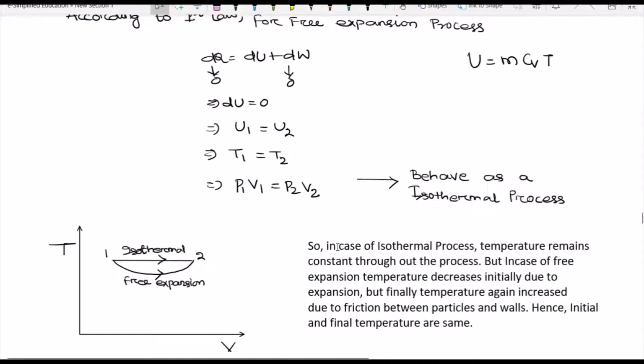The initial and final temperatures are the same. In an isothermal process, temperature remains constant throughout, but in free expansion, temperature initially decreases, then it increases and meets at the final temperature. So initial and final temperature will be the same. This is the end of the first law of thermodynamics topic. Next we will discuss the steady flow energy equation, which is an application of the first law.